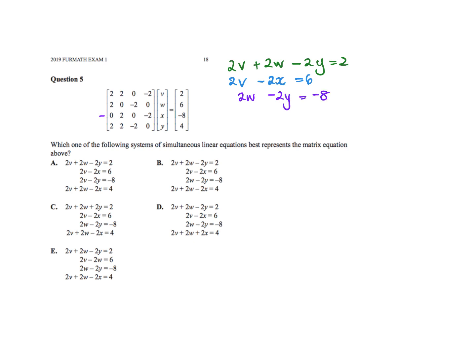And then the last one would be 2v plus 2w minus 2x equals 4. So you're looking for that combination, and which one was that? Yeah, and we get B. So I was just doing the run and dive, yeah? Run, dive, got that answer.